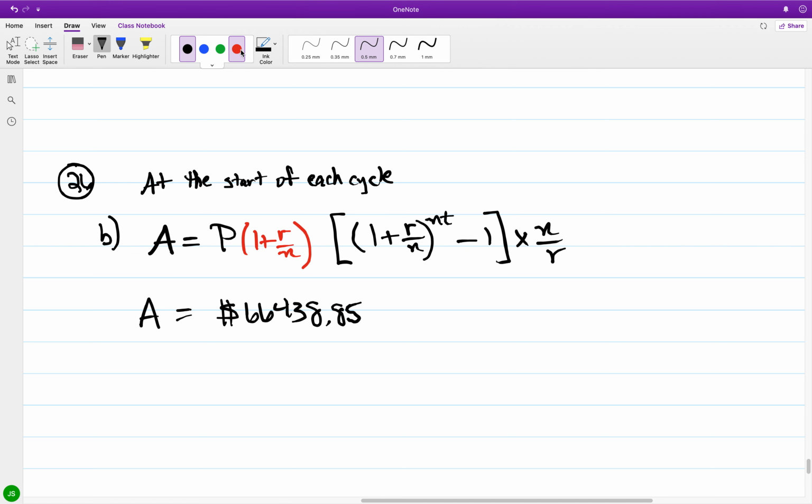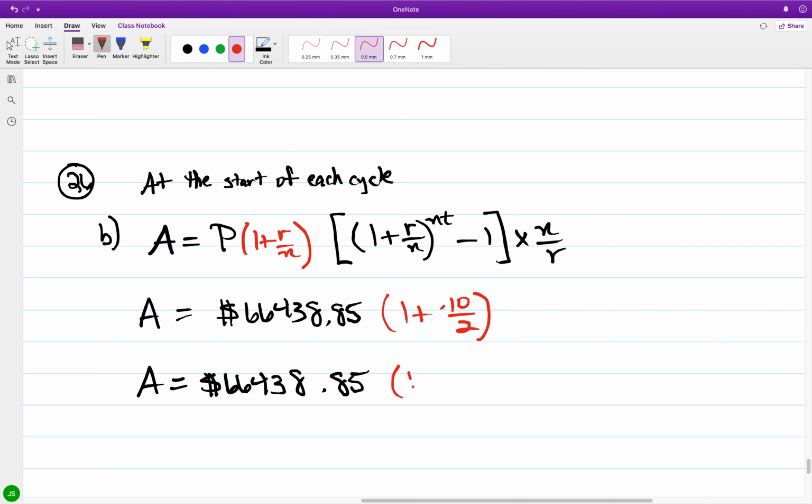And again, we had this to be at $66,438.85, and for the future value, had Ray been investing at the start of each cycle, you got this amount times 1 plus 0.10 divided by 2. So you have $66,438.85. That's the minimum, in other words, from part A. But now, in terms of the maximum, you'll be looking at another 5% that will be applied.